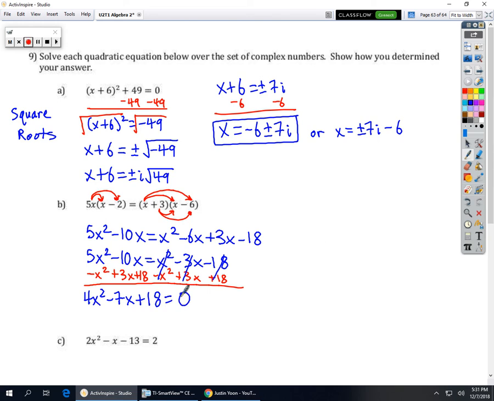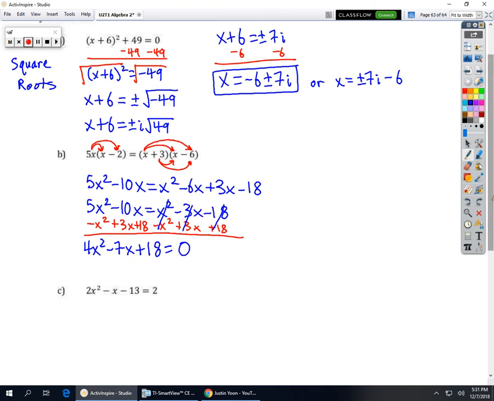So now, this is a terrible problem. All I really want to be doing is using the quadratic formula. So a equals 4, b equals negative 7, c equals 18. We're going to just throw this all into the quadratic formula. You're not expected to memorize it.